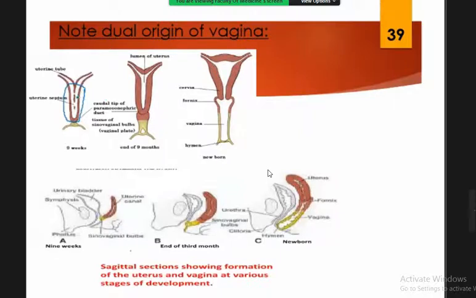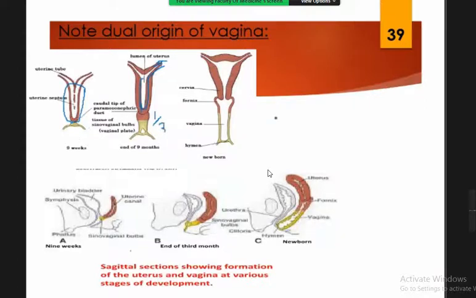This eventually cavitates to form the uterine cavity. So the uterus will form and it connects with the upper part of the Mullerian duct, which forms the uterine tube. And below, it continues as the cervix and the upper third of the vagina.